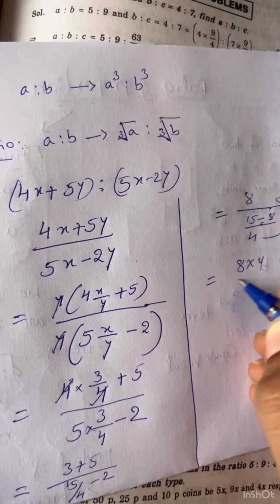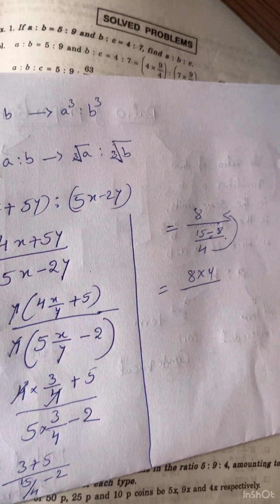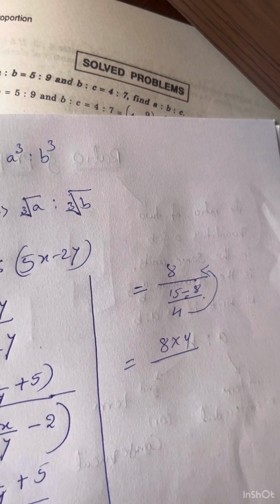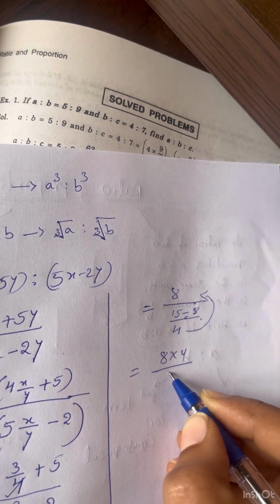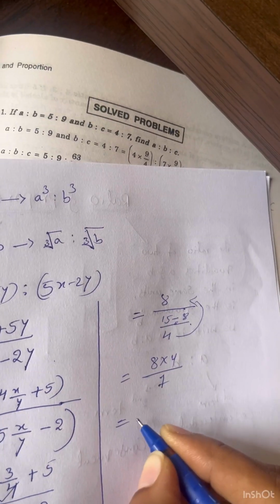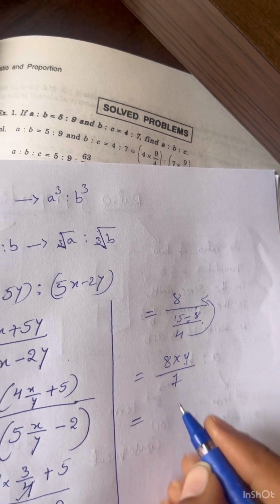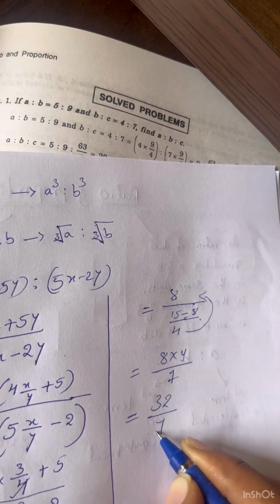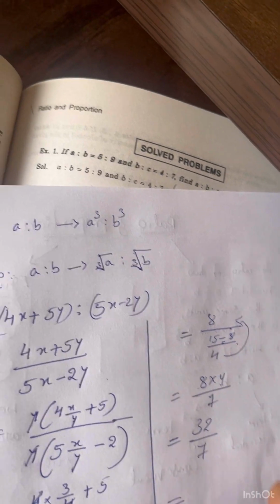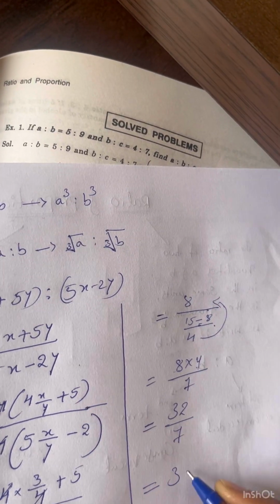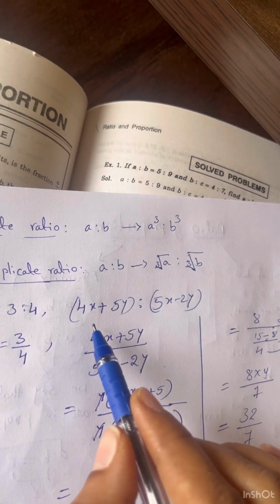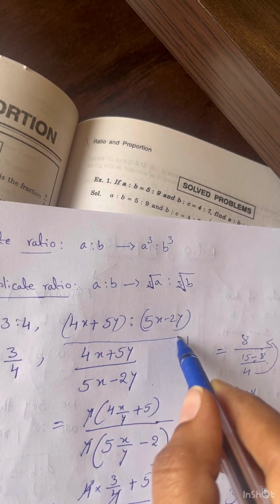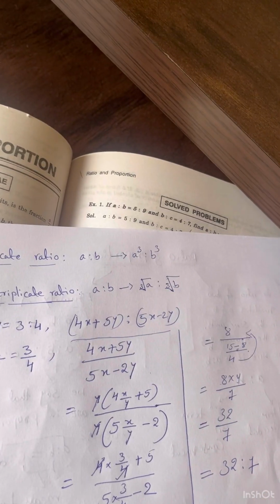So 8 into 4 by 15 minus 8, how much? 15 minus 8, 7. So it is equal to 8 4s are 32 by 7. So this is the answer. So that is nothing but 32 is to 7. Okay, so this ratio 4x plus 5y is to 5x minus 2y is equal to 32 is to 7.